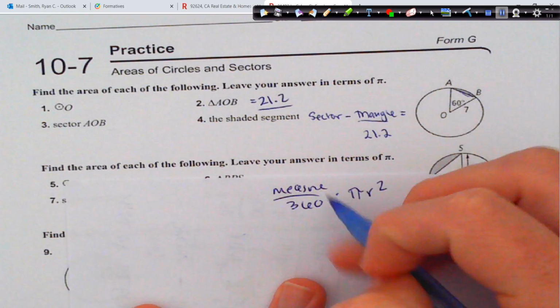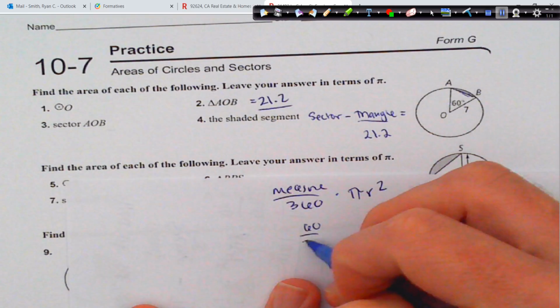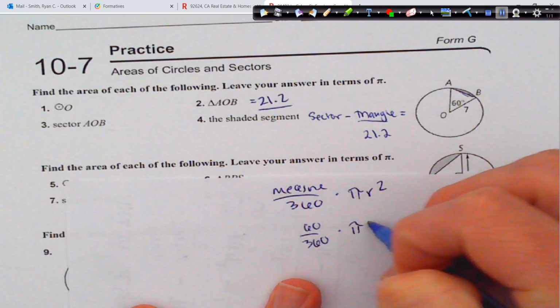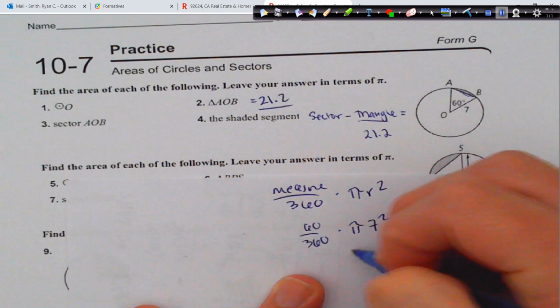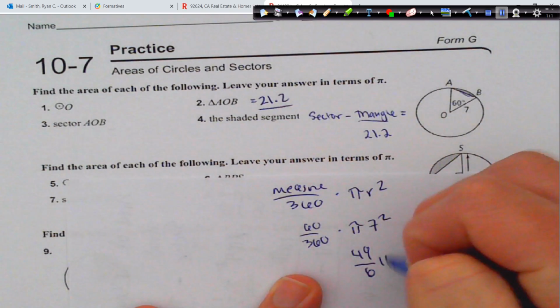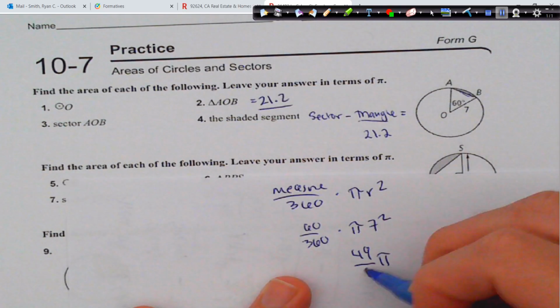So anyways, we get the measure is 60 over 360 times pi times 7 squared. That becomes 49 pi, and 60 divided by 360 is 1/6, so we get 49 over 6 pi. And this is in terms of pi, how you would want to write it.